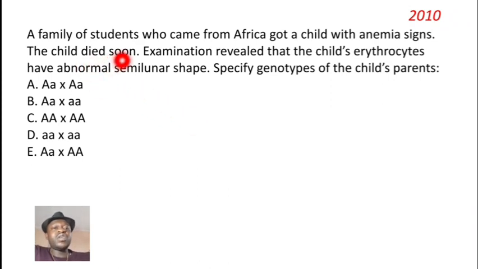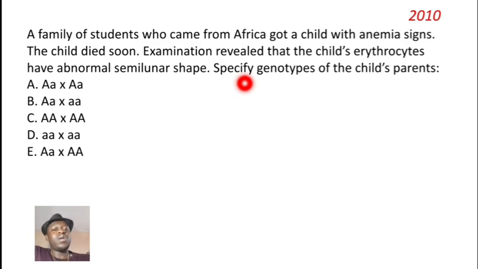A family of students who came from Africa had a child with signs of anemia. The child died soon. The examination revealed that the child's erythrocytes have an abnormal semilunar shape, the sickle cell. Specify the genotypes of the parents.